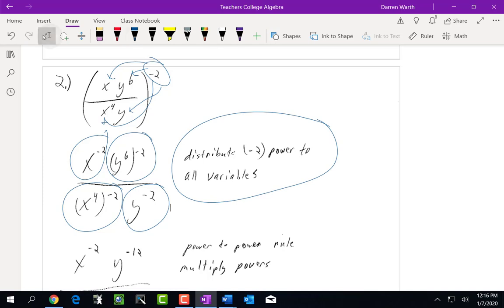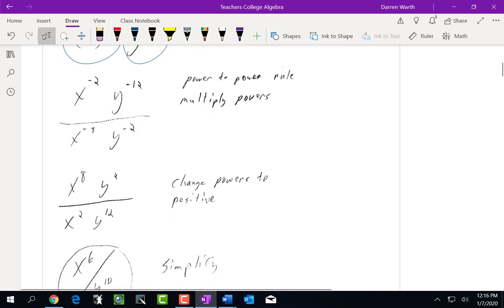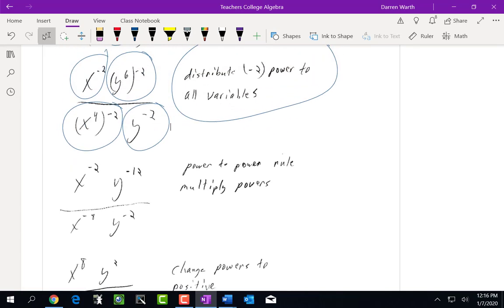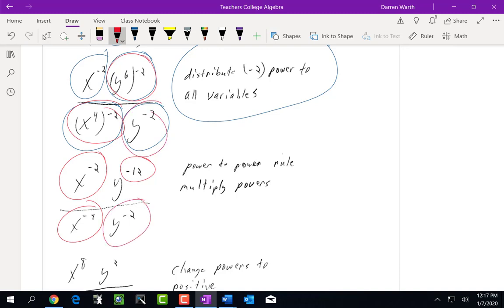Now, after I've done that, I'm going to simplify each one of these. So x to the -2 stays x to the -2. y to the 6th to the -2, I multiply that and it becomes y to the -12. x to the 4th to the -2 becomes x to the -8, and y to the -2 stays at y to the -2.